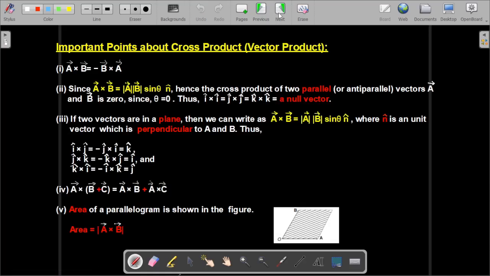Okay, let's get to another topic. Here I've shown some important properties related to the cross product of two vectors.